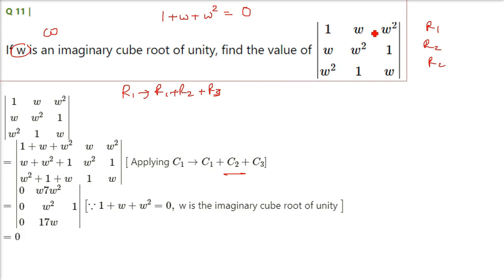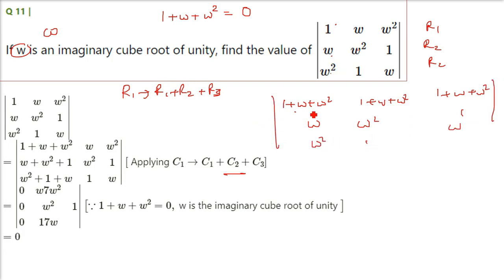There can be different ways, column adding and row adding. So I'm adding rows. The solution I've showed you uses column adding. So I'm adding row 1, and the second row will also be added, 1 plus omega plus omega square, and the third row as well. What we will get is omega square, 1, omega, and the sum 1 plus omega plus omega square is 0.